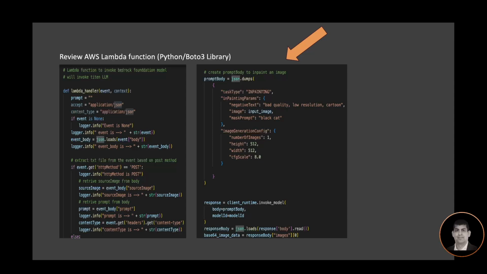Then I'm building my prompt body, and this is where you will see my image generation config parameters: number of images, height, width, CFG scale, etc. that I'm defining here. And then I'm invoking the Bedrock API, which is going to generate the inpainted image.